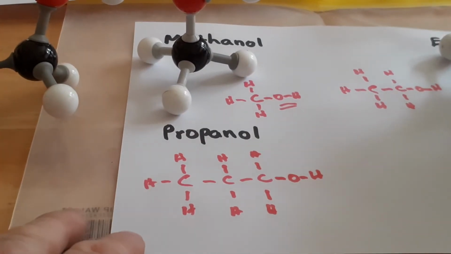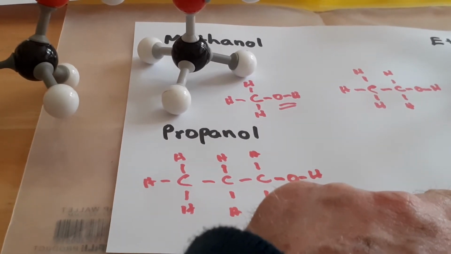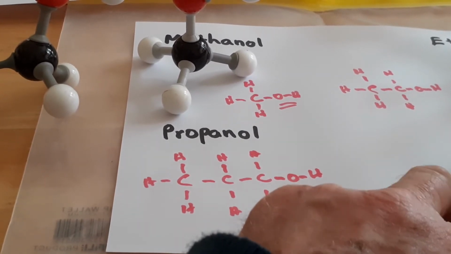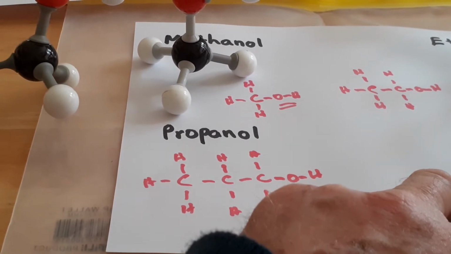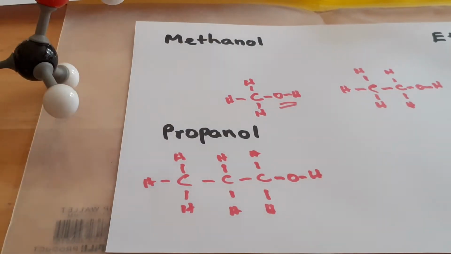And to save a bit of time, I'm just going to draw butanol because it does the same. 4 carbons in the chain. Again, hydrogens on each, and O bond H.